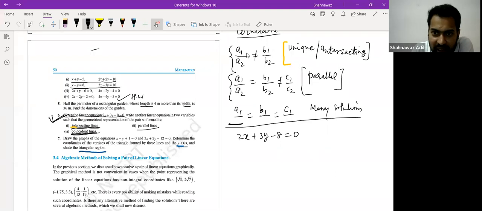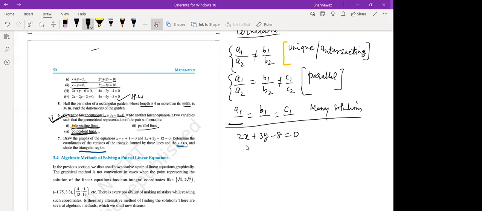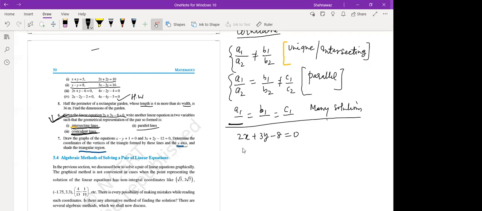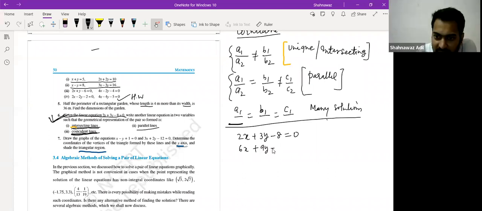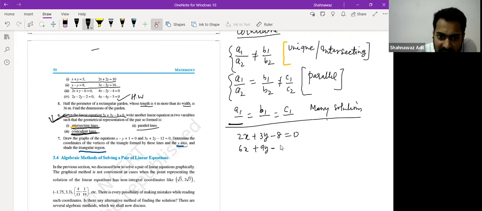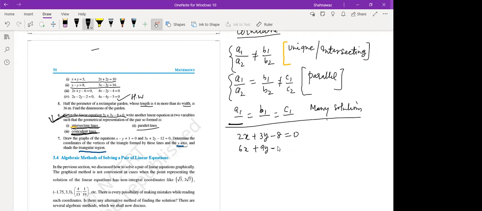As we did in the previous question, multiply it with 3, right? So what would be the equation? Multiply with 3: 6x plus 9y minus 24, right? So they should be equal. Coincident. So 24.